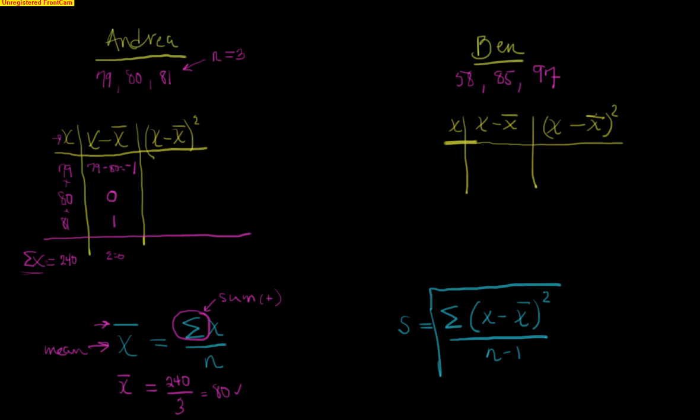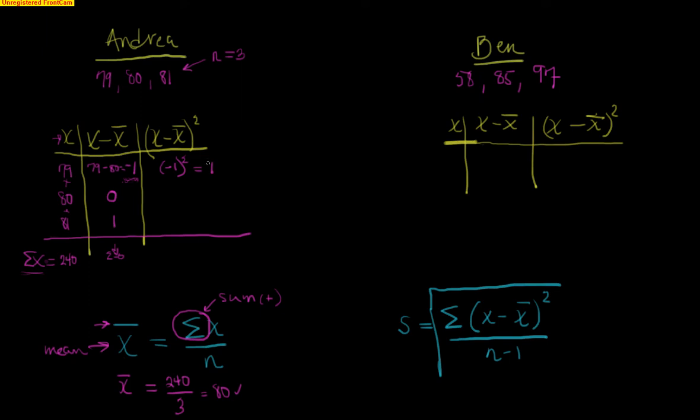So if these numbers are always going to add up to 0, it doesn't help us very much in understanding the spread. What we really need to do, if we're looking at spread, is get rid of these negative signs, because it's really about the distance. The negative just means it's below rather than above the mean. So if I take that -1 and I square it, that's the same as -1 times -1, which is +1.